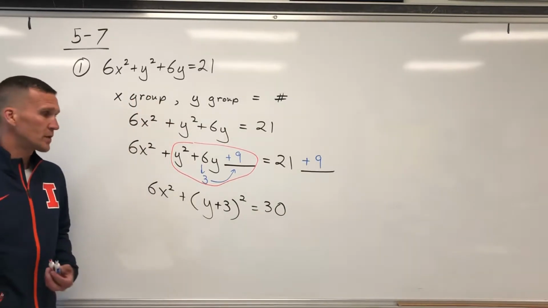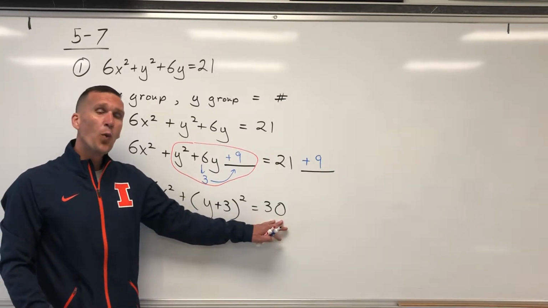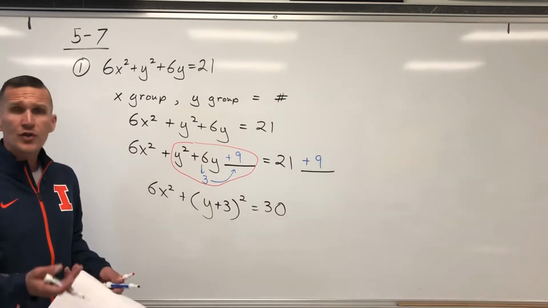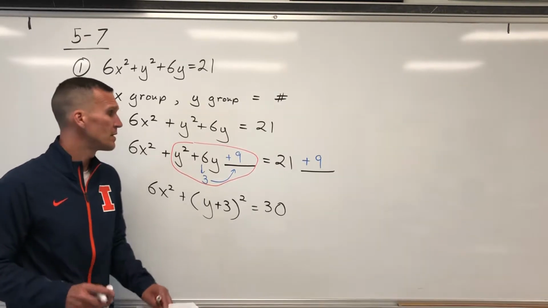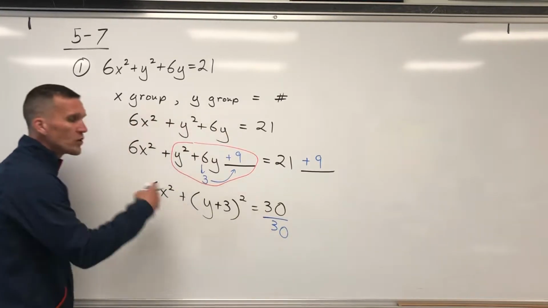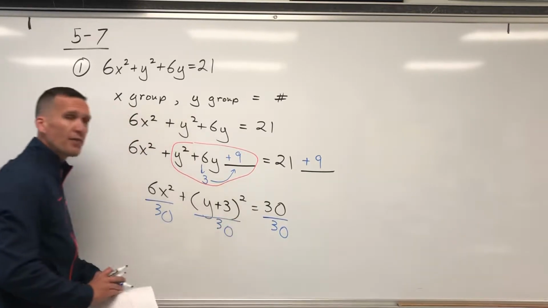I'm getting closer. Well, I'm good, but I don't have a 1 over there. Now remember, if you want to go back and look at the video from yesterday, how do you turn a number into 1? You divide it by itself. So I will divide both sides by 30, but when you do the left side, you have to divide them both by 30.